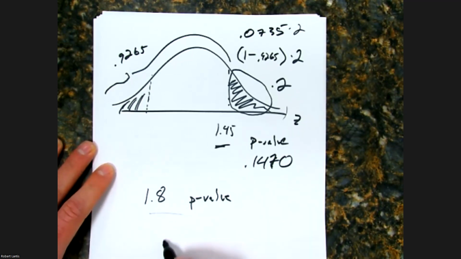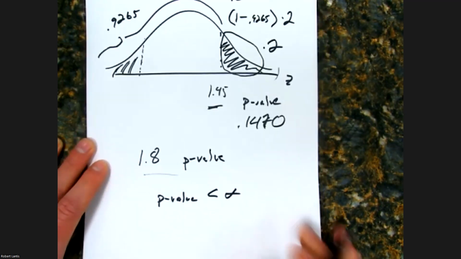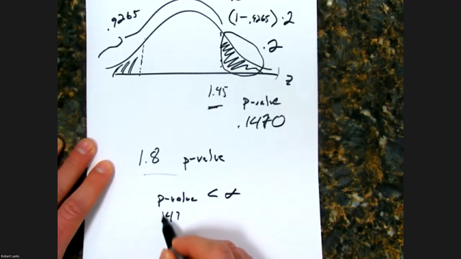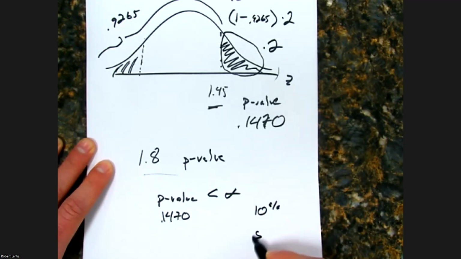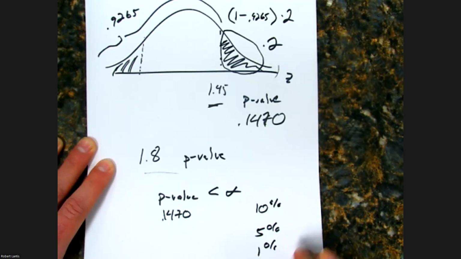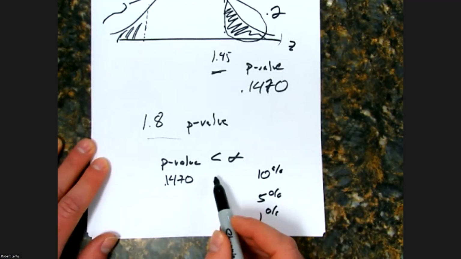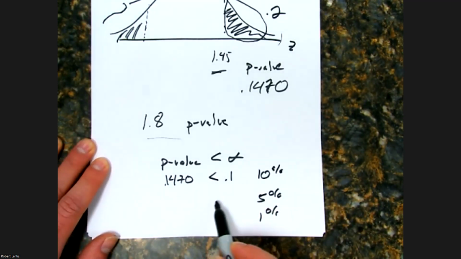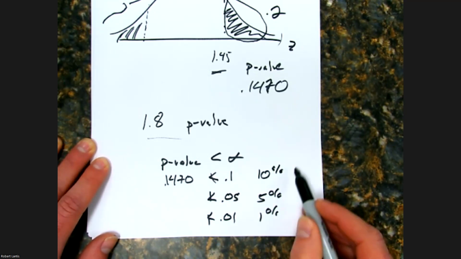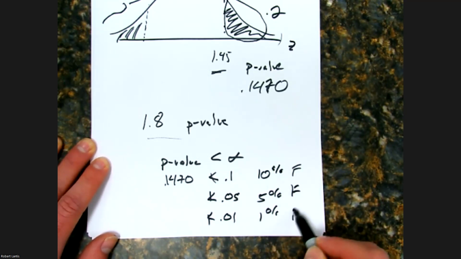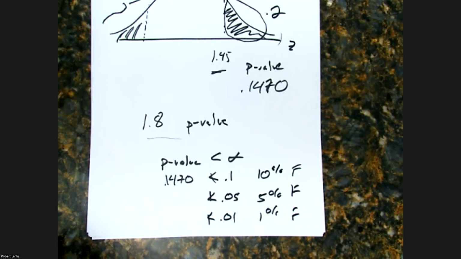So if I have a p-value, I know I can only reject the null if it's less than alpha. So if I have 0.1470, which of the levels, 10, 5, and 1% significance, can I reject that? Well, will my p-value be less than 0.1, 0.05, or 0.01? No, right? So I would actually fail to reject at every single level.